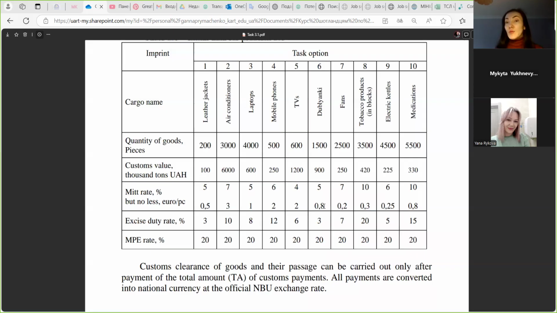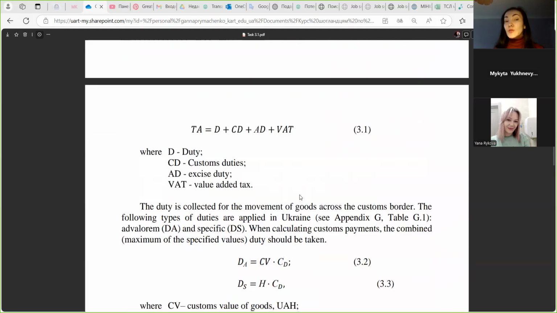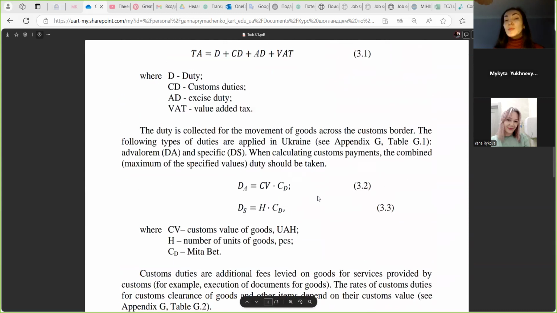So you could check in your variant and find and try the duty is equal and the result, for example. Okay. And for next calculation, we already used this G parameter, so maximum of this type of duty.